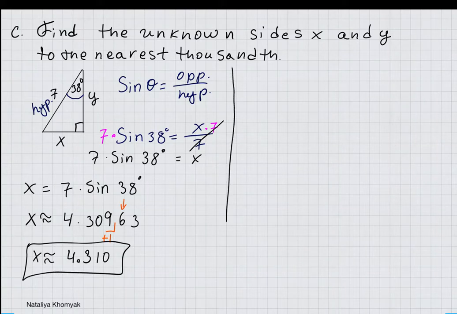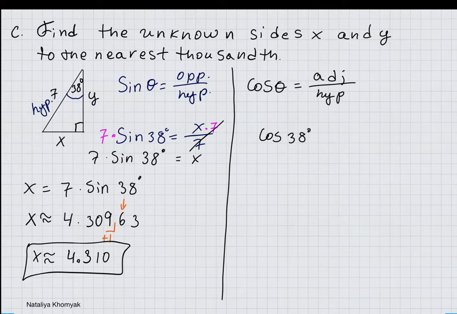Let's do y. So y is the adjacent side, so we're going to use cosine of an angle equals adjacent divided by hypotenuse. Let's substitute and solve for y. We have cosine of 38 degrees equals adjacent side, which is y, over hypotenuse, which is 7.